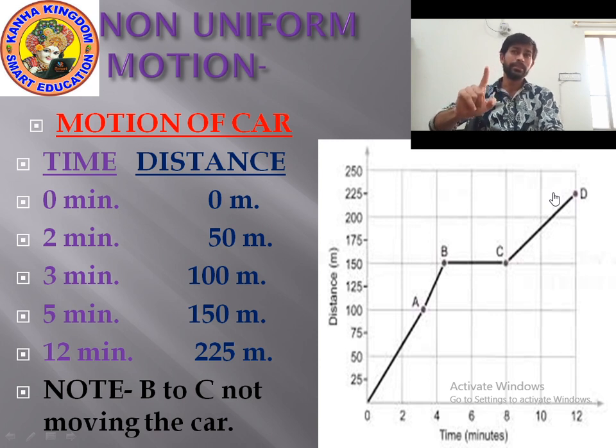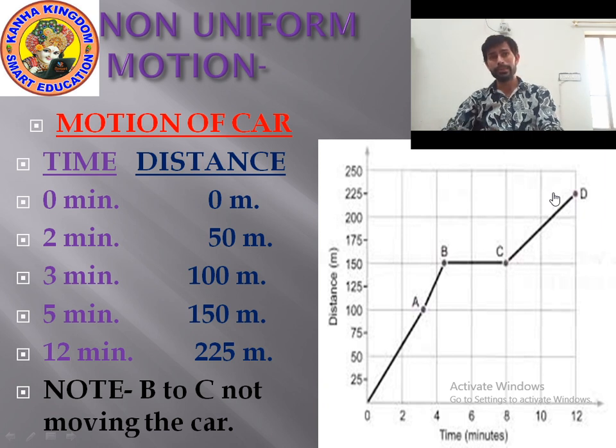It means the distance traveled by the car is 0 and the time is still 0. Okay, you can see on the screen I have written the time in minutes and the distance traveled by the car in meters. I have not written it in kilometers, I have written it in meters.